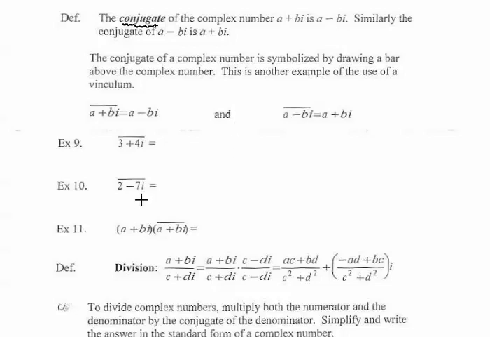So, with example 9, this bar across the top of this whole imaginary number, or complex number I should say, 3 plus 4i, that's our complex number. But this bar tells you that you need to take the conjugate of it. And this requires really no calculation. You just simply change the plus in front of the 4i to a minus.